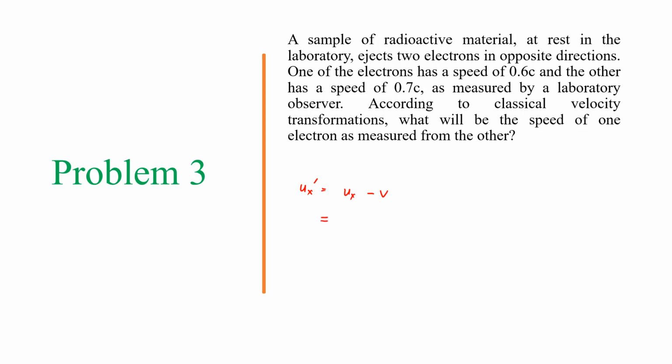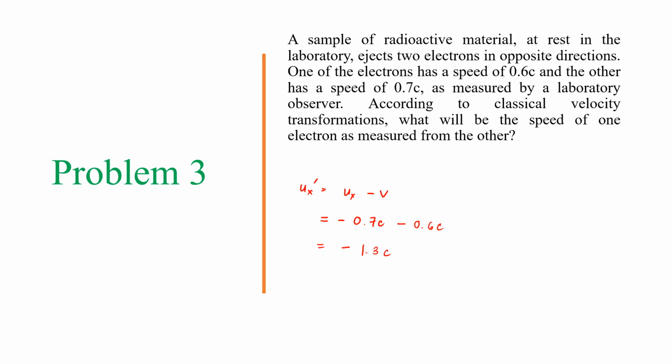So this is equal to negative 0.7 c, because take note that the two electrons are moving in the opposite direction, minus 0.6, so we will obtain negative 1.3 c.